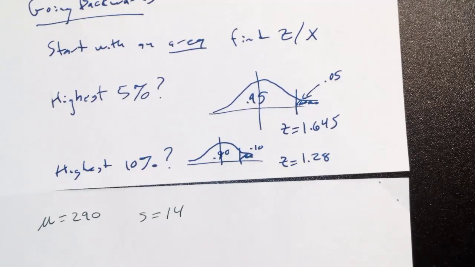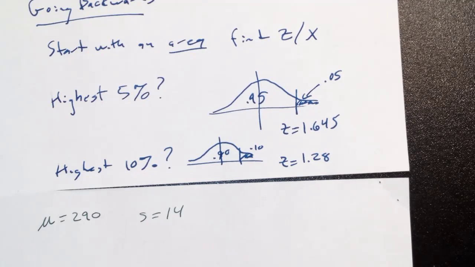So the top 5%, the fattiest McDonald's Egg McMuffins, have how many calories? Calorie count was an X value, not a Z value.